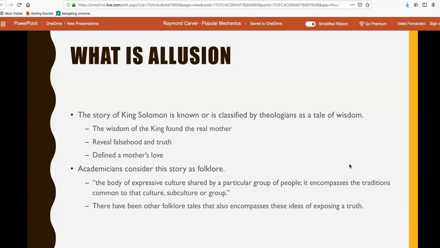So when we look at maybe the argument of this, we can look at humanity and what humanity deems as important, and the idea of a man and a woman tugging at this baby, and whoever wins the baby wins the argument. It sets up the baby as a symbol, it sets up the illusion of King Solomon, and it sets up the idea of falsehood and truth.